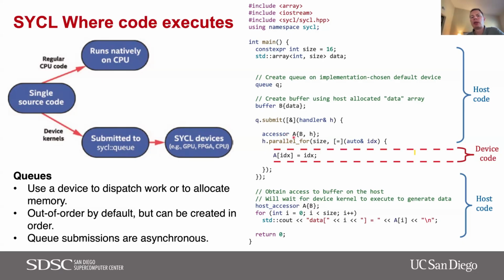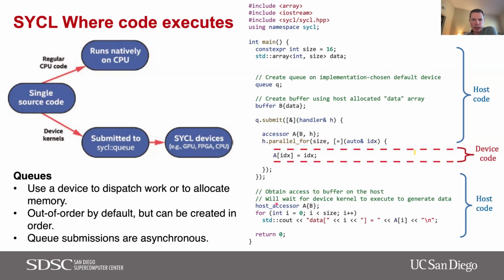This accessor that's named A into B, and so behind the scenes, the memory copies will happen automatically. This is the device code that's being executed. And we have this variable IDX generated automatically for each work item or thread that's running in a work group. So each thread would basically assign a different value to A.